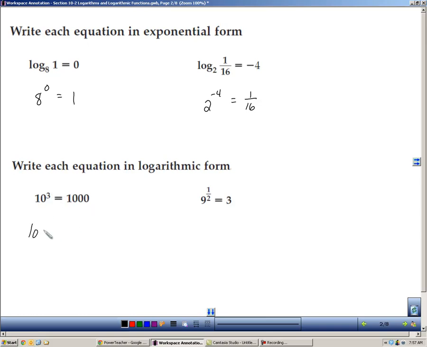And so we would say log base 10, so a little 10 down here because that's the base, of 1,000 equals 3, because 3 is the exponent. And then over here, log base 9 of 3 equals the exponent of 1/2. And so that's how you convert from log to exponents, and then from exponents to logs.